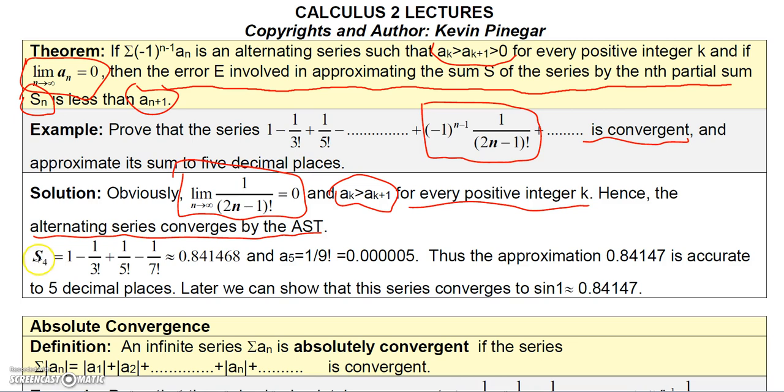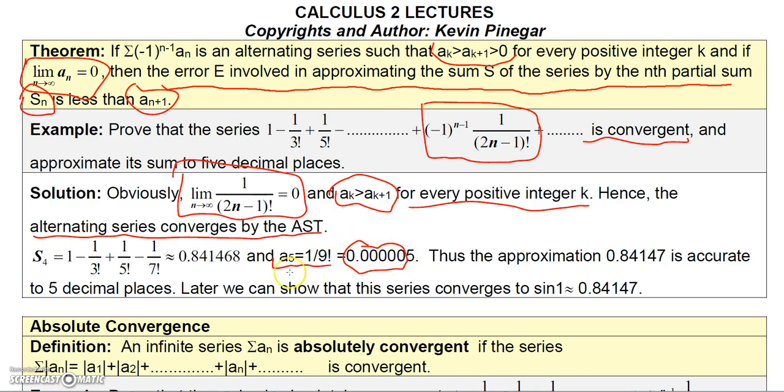Now, in order to approximate the sum to 5 decimal places, I had to check the second term, the third term, the fourth term, the fifth term, and so forth, until I got to one where I had all zeros out to 5 decimals, because this approximates the error. So when I got to the fifth term, 1 over 9 factorial, that had zeros to 5 decimals.